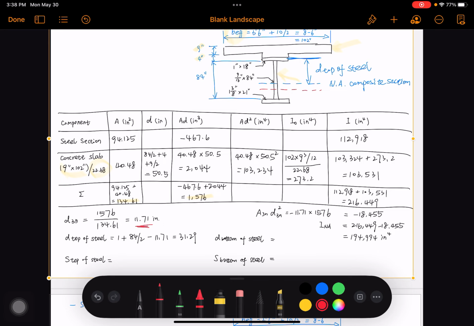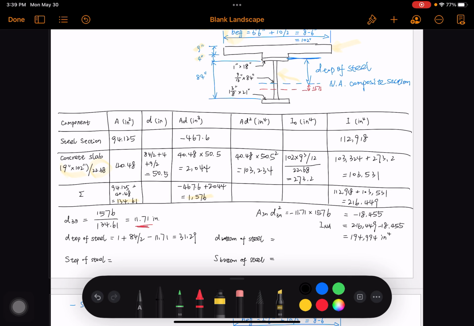This means the neutral axis of the composite section is on top of the center line of the girder we assumed earlier, which we used to calculate the section properties.